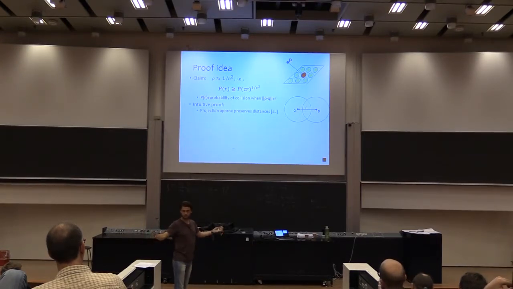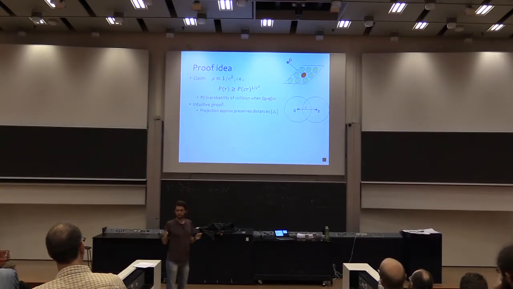Let's call this radius W. Let me draw balls of radius W around P and Q. These are the two points whose collision probability we are trying to compute. We need to understand the probability that these two points fall into the same ball of a grid of balls.